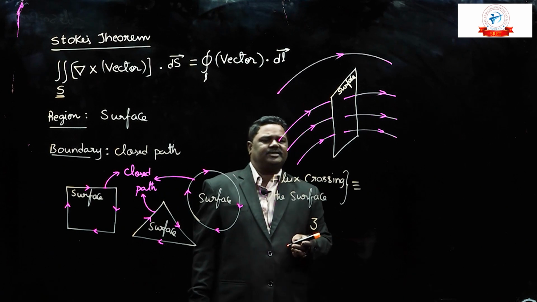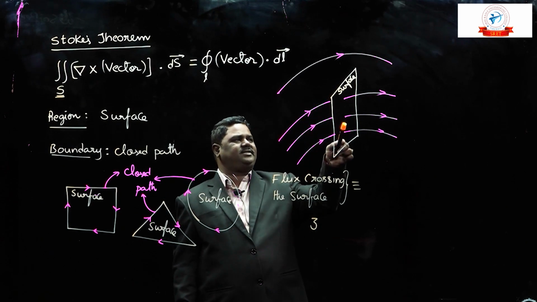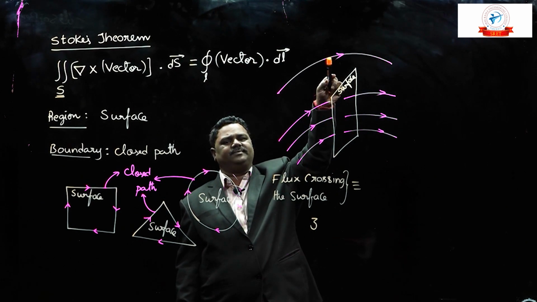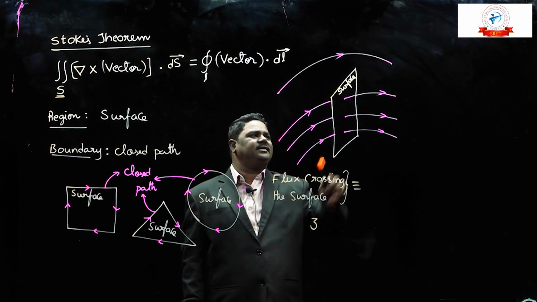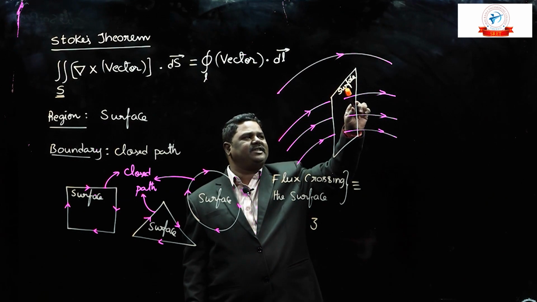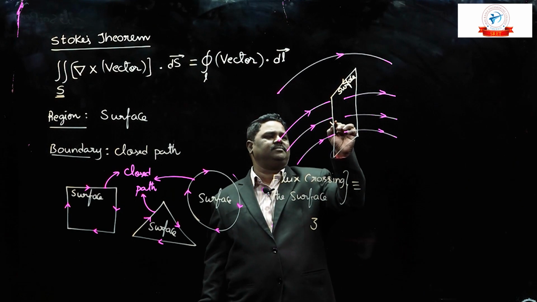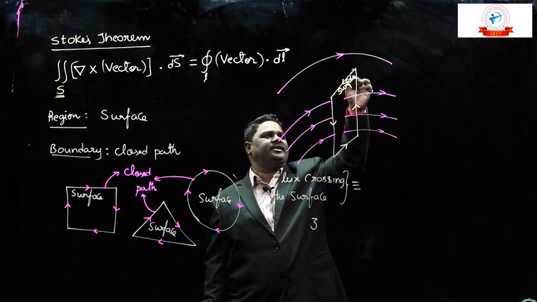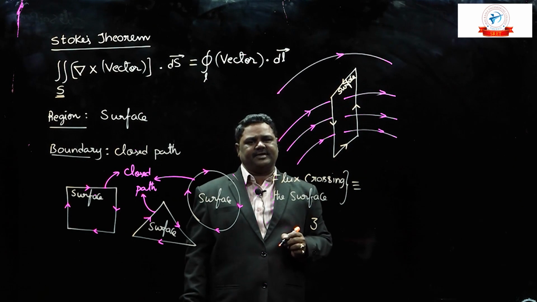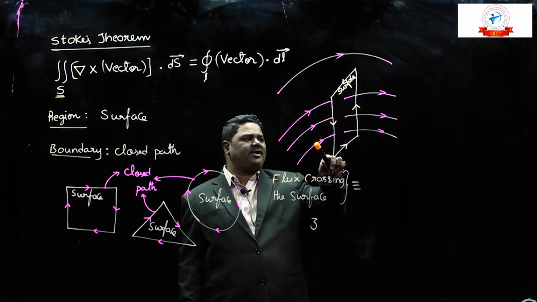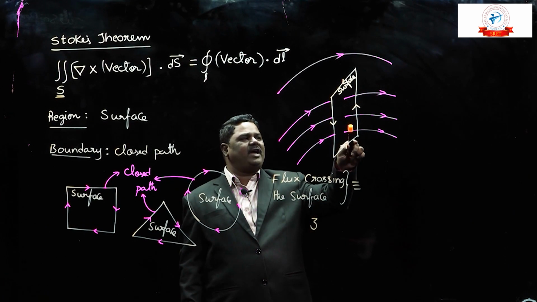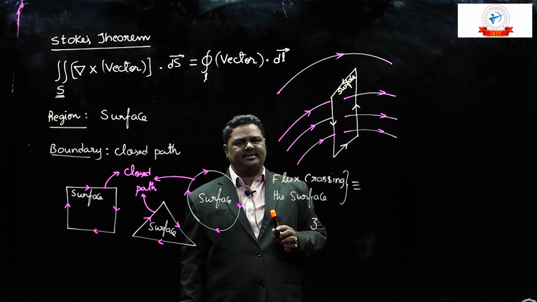So how do you say that these three are crossing this surface and this is not crossing the surface? For that just consider this is the surface. For the surface, what are the boundaries? The four sides of the surface are the boundaries. The flux crossing the surface is the flux inside its boundary, isn't it?